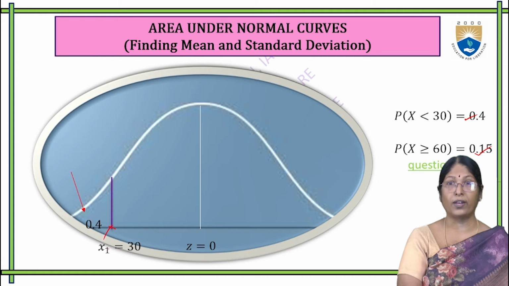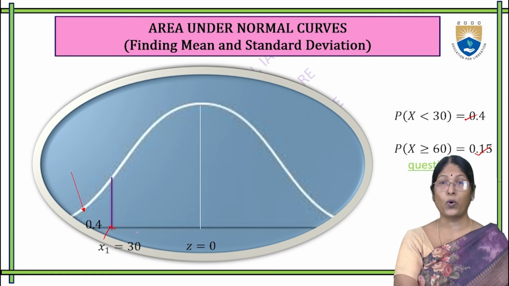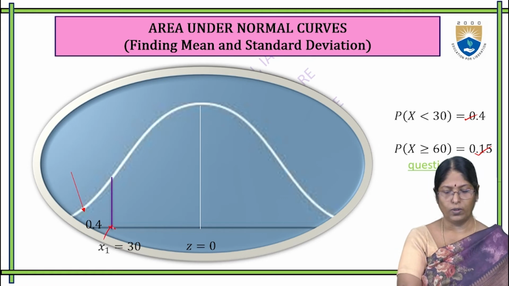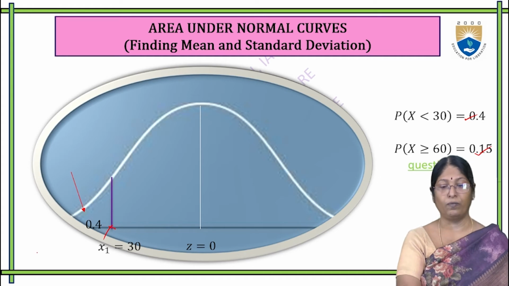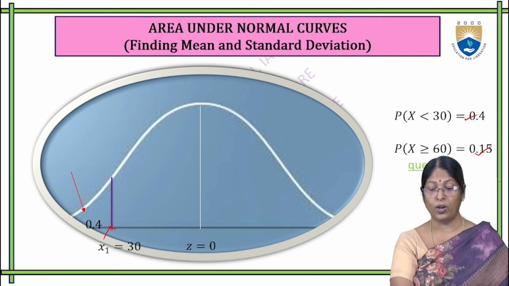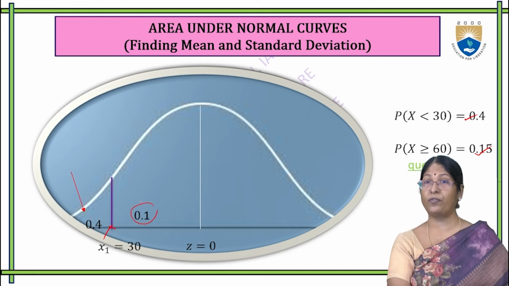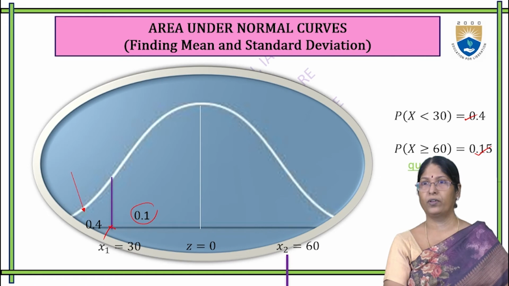Here the point Z1 is going to come. So left of that, we have taken 0.5, not this side. Next one, 0.1, we subtracted from 0.5, fine. X2, fine. 0.15, fine. This is 0.35.